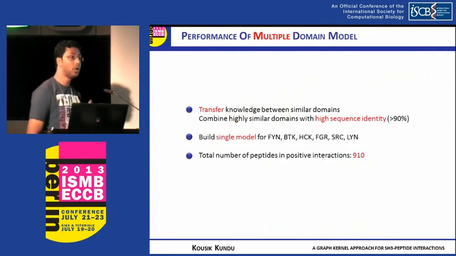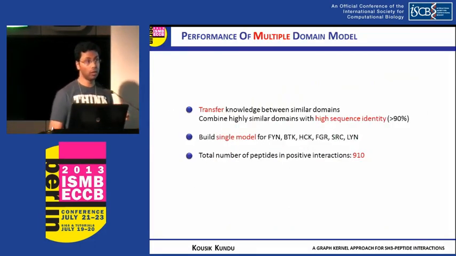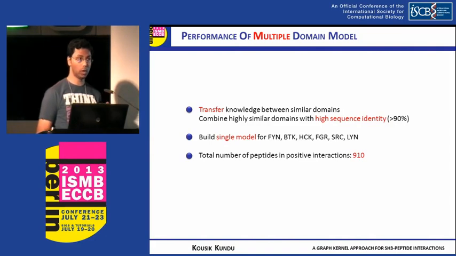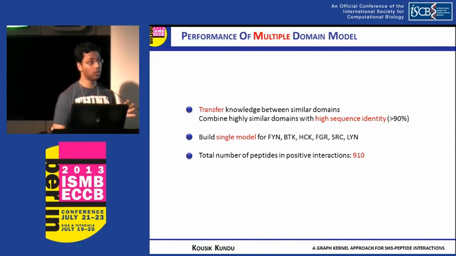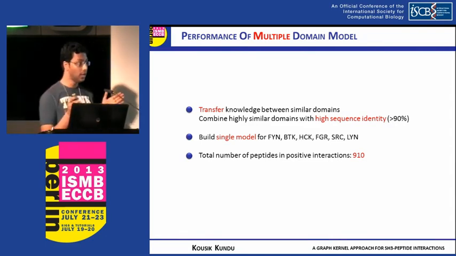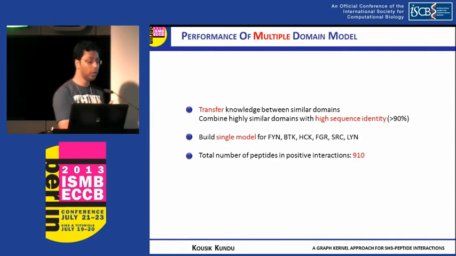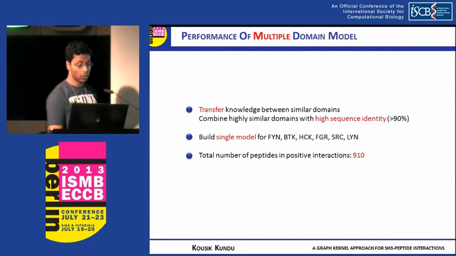So till now I have talked about the single domain model. Now I am going to talk about the multiple domain model. The idea is to transfer knowledge between similar domains. If the domains are highly similar and well alignable, you can use one model for multiple domains.